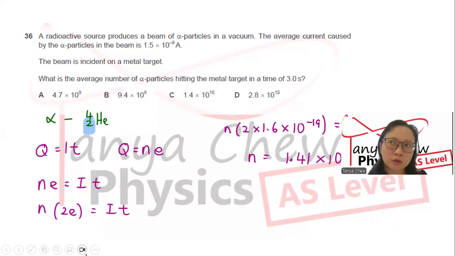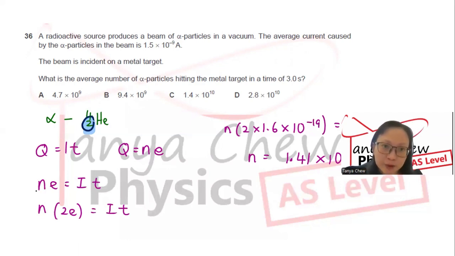Electron is the basic unit of charge. So alpha particles involve 2 times the charge of the electron, because the charge of an alpha particle is 2e. So I put N e, where N represents the number of alpha particles, times the charge of the alpha particle, is equal to I t.